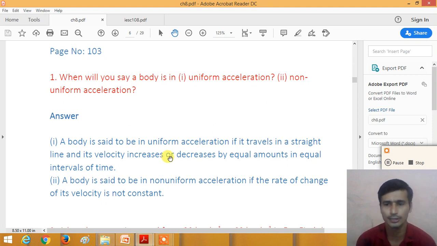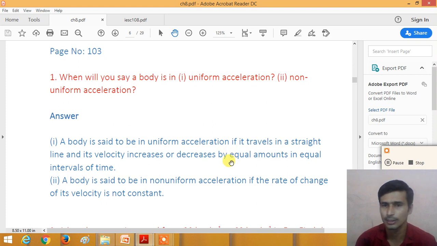So dear student, understand what we mean by uniform acceleration. If the velocity increases or decreases by an equal amount in an equal interval of time, the motion is said to be uniform accelerated motion.